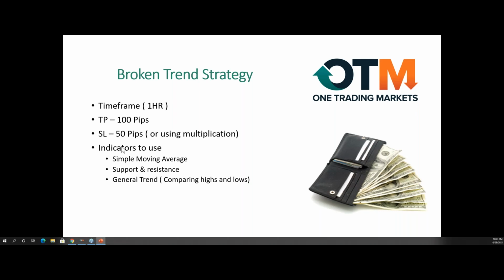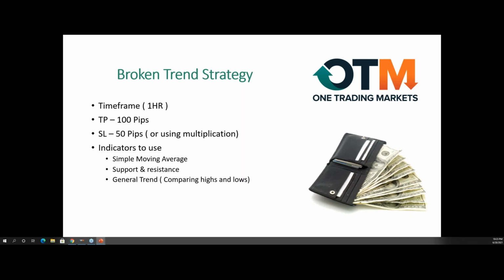The indicators that we will use are the simple moving average, which is the line we are drawing. We're going to use support and resistance. If you don't know about support and resistance, please go back to my previous video, where I explain it in detail.